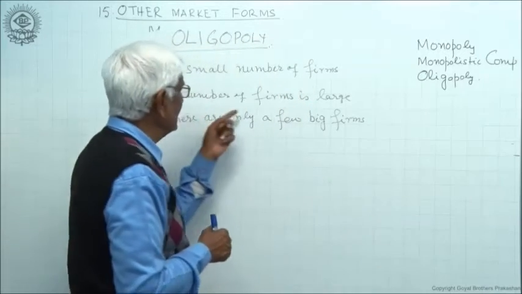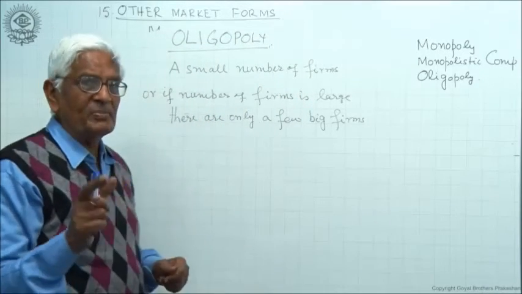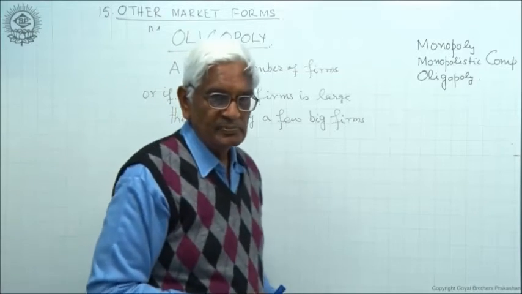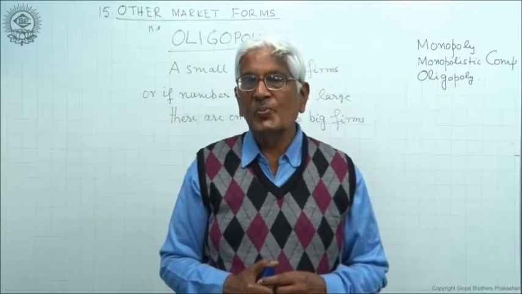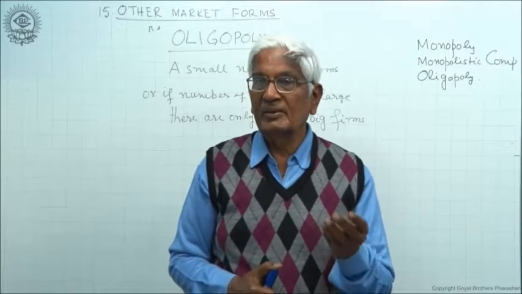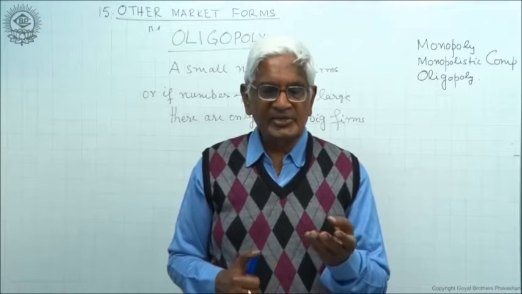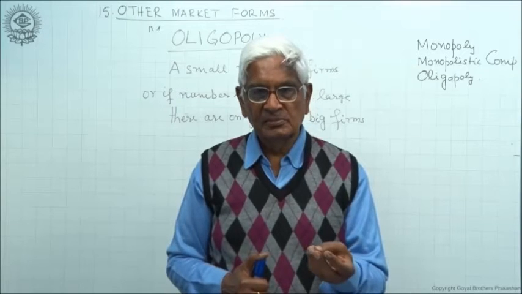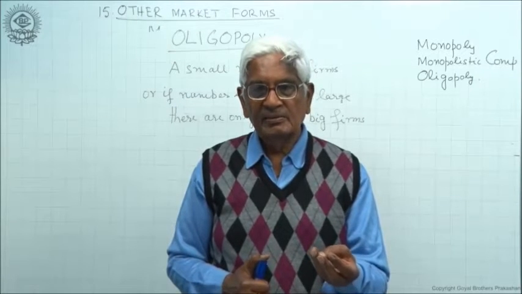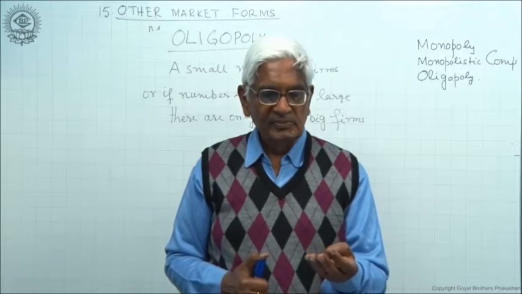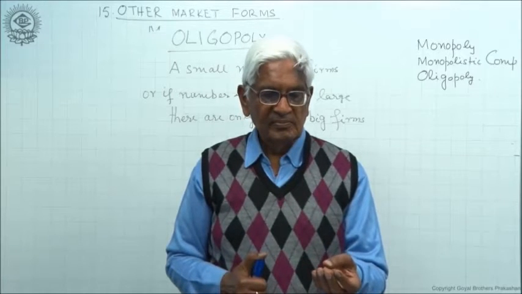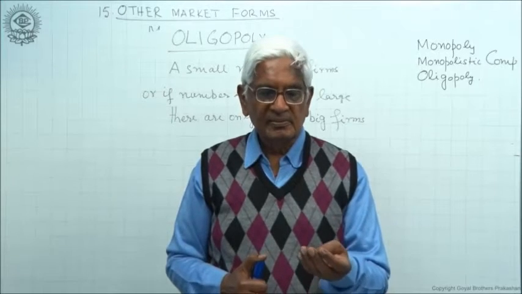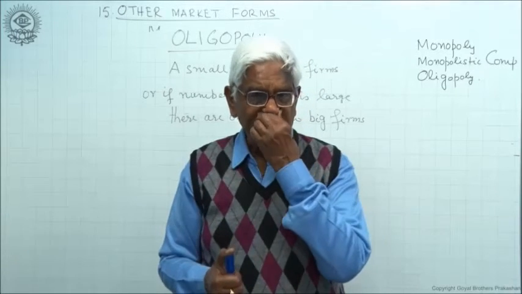In case of second, I give you another example. For example, milk production. Milk production, you can also count big firms, few in number. For example, in Delhi, Amul, Mother Dairy, DMC, Paras, and a few more brands.